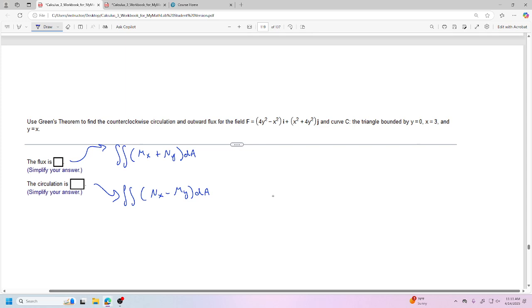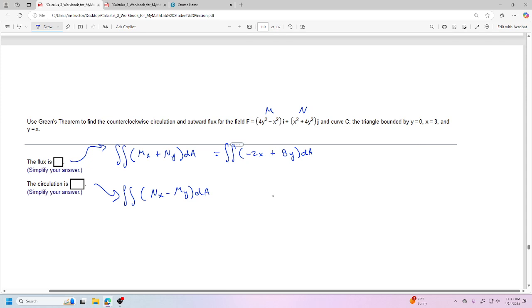Awesome. So one at a time. I want to find out what the inside is to begin with. So this is m, this is n. What's my derivative in terms of x? Sweet. Then plus sign. N in terms of y? Beautiful. And I'll worry about the integral limits in a minute.